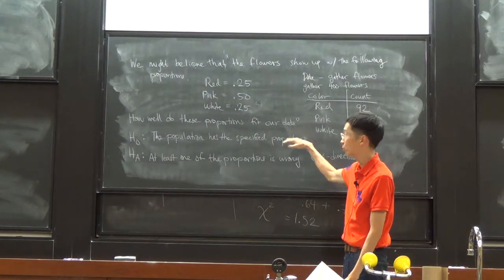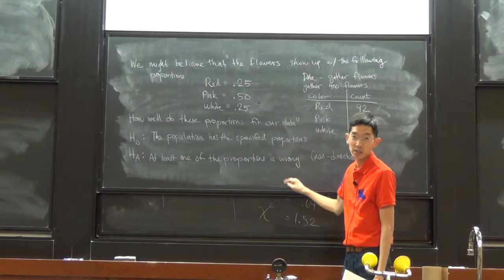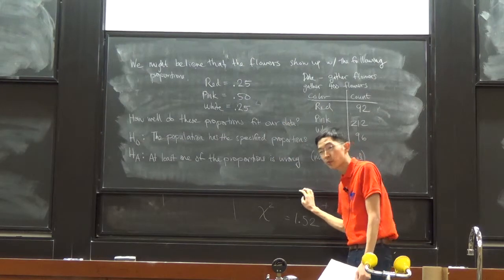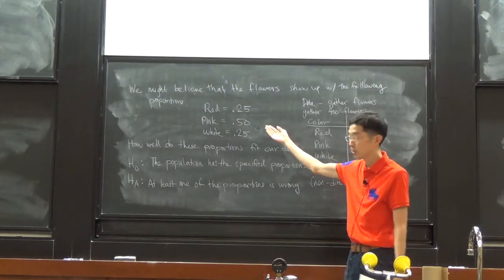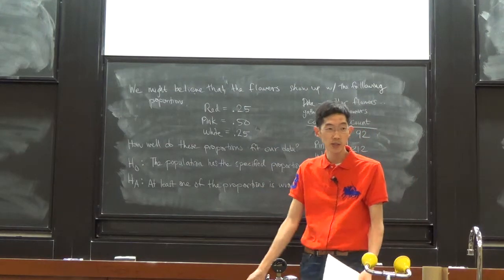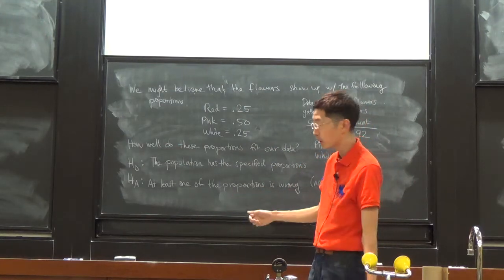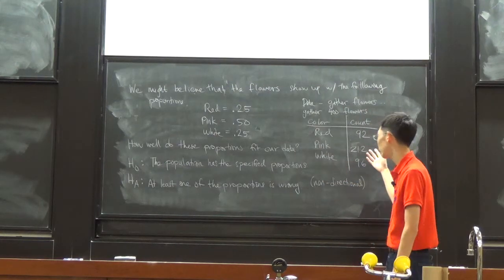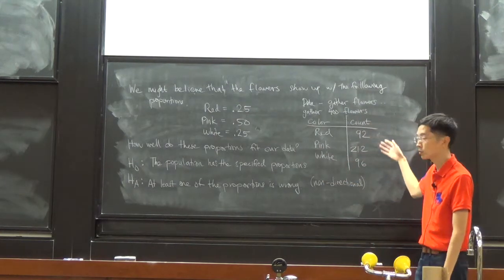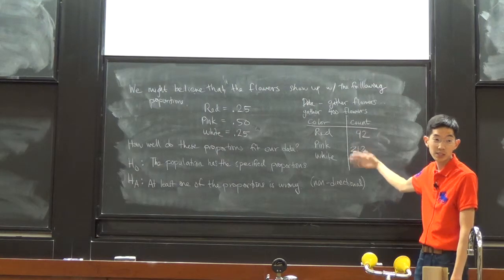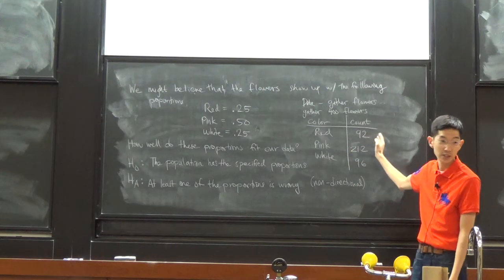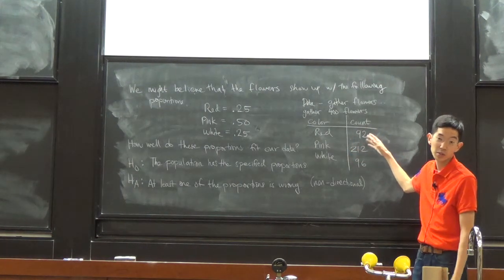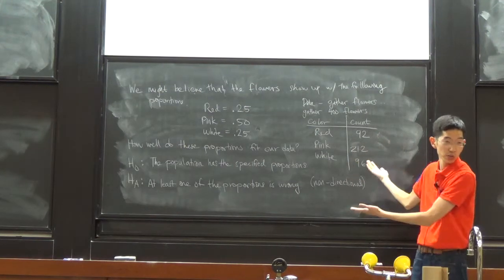So if flowers truly appear red 25% of the time, pink 50% of the time, and white 25% of the time, if that was the true proportions in the population, what is the probability that I take 400 random flowers and I get something that doesn't reflect that exactly? Something like this, or something even more unusual than this.